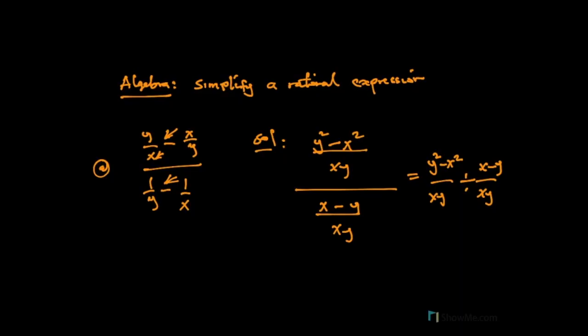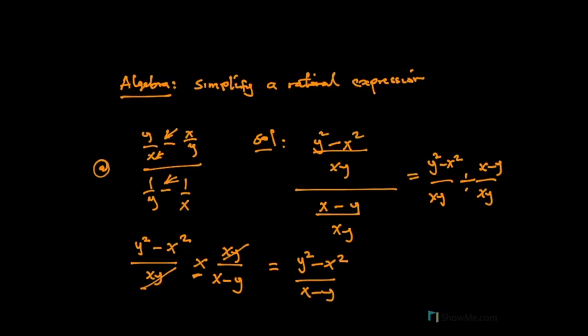So that would be y squared minus x squared over yx, times xy over x minus y. So this just cancels out because that is multiplication. So we are left with y squared minus x squared over x minus y.